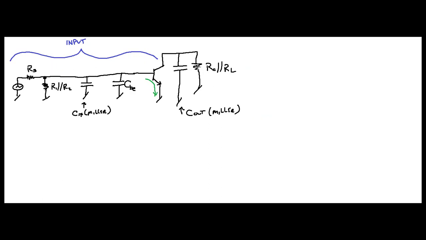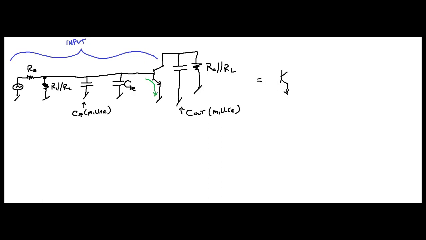Now for your output, you simply have these two, don't you? So what we can do there, it's the same thing. If you look at your output, you're coming off your transistor like this.